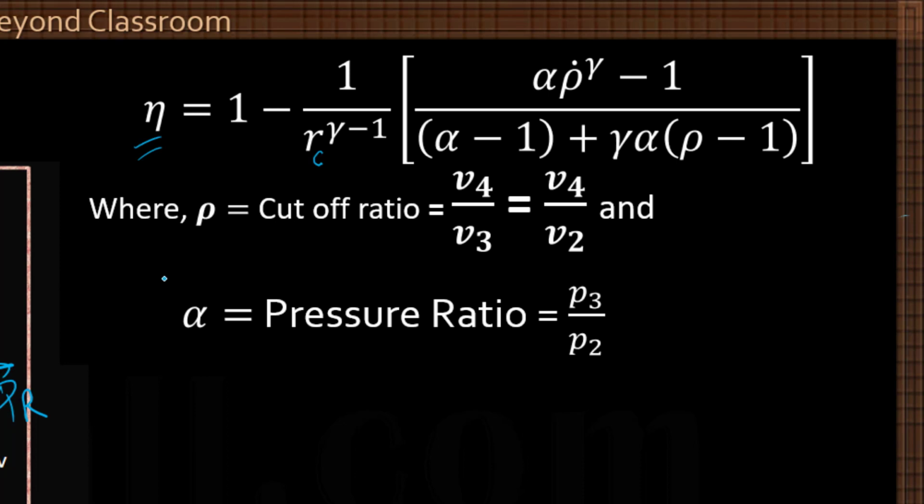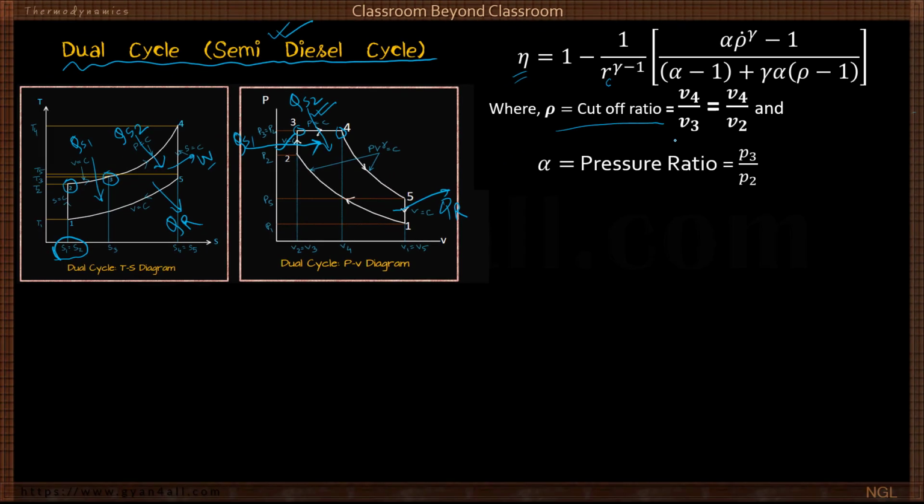Now we already know the cutoff ratio, V4 by V3. In the PV diagram you can see V4 divided by V3 is the cutoff ratio. At the same time V3 is equal to V2, so we can also write V4 divided by V2 as the cutoff ratio.